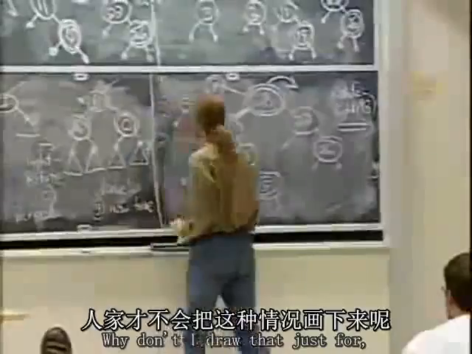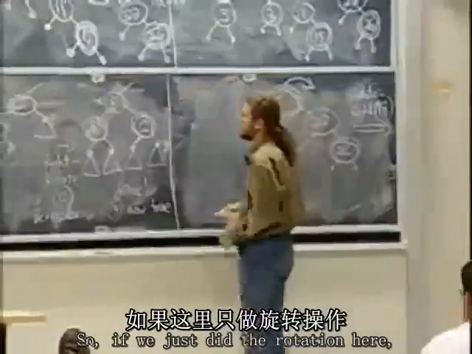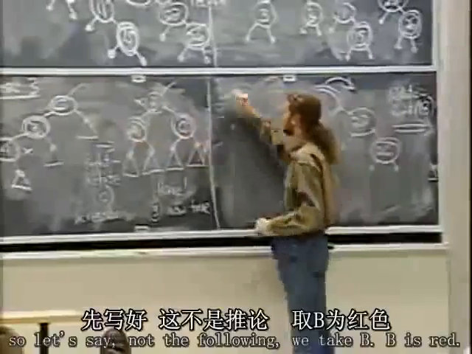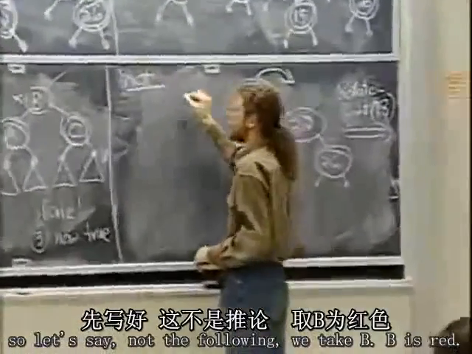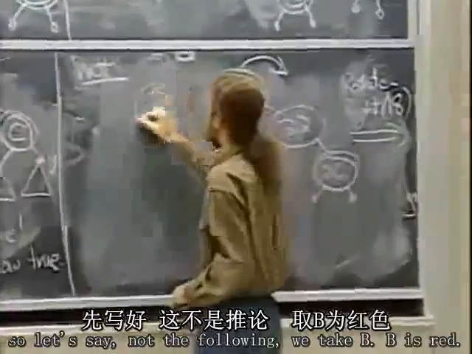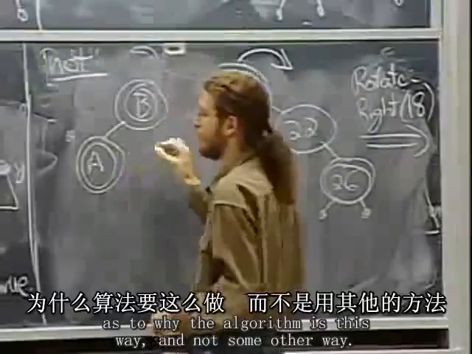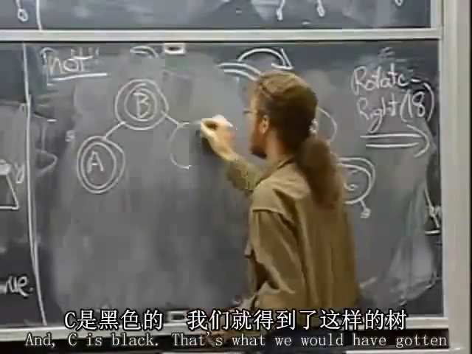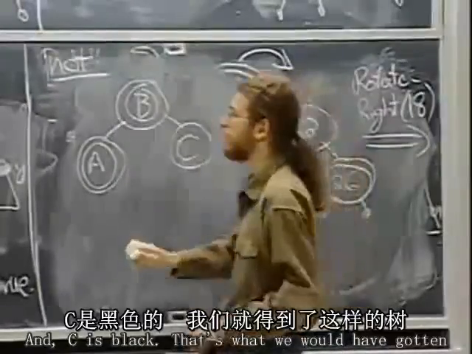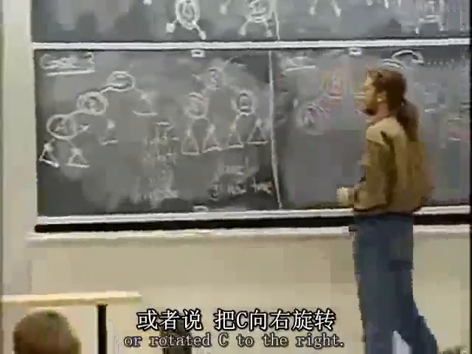Why don't I draw that just for kicks, because I have a couple minutes. So if we just did the rotation here, say not the following, we take B. B is red. This will give some intuition of why the algorithm was this way and not some other way. And C is black. That's what we would have gotten if we just rotated B, or rotated C to the right.